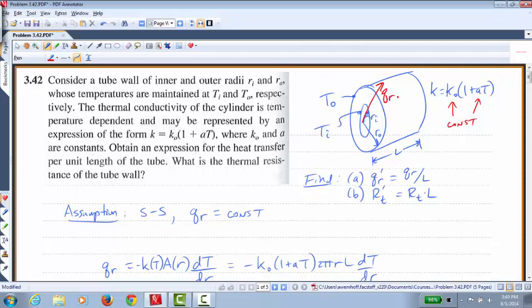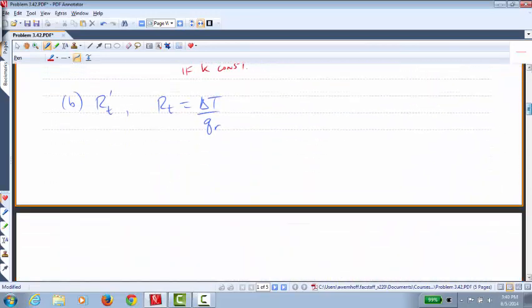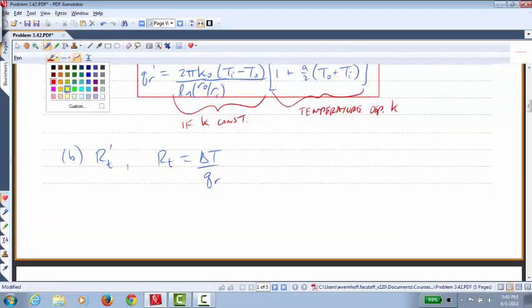So we are drawing q_r as going radially outward, so therefore, in order for q_r to be positive in the direction shown, we must have T_i be bigger than T_o. So our delta T is going to be T_i minus T_o over q_r.